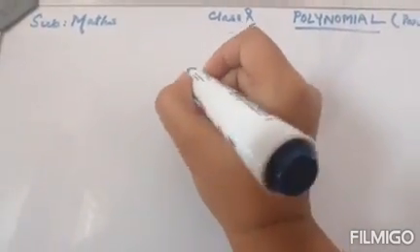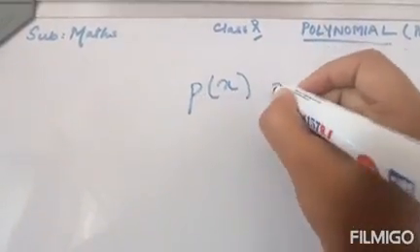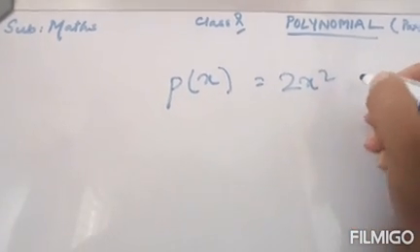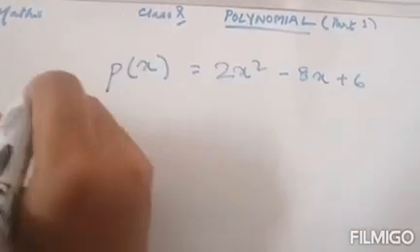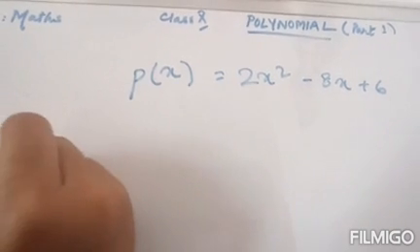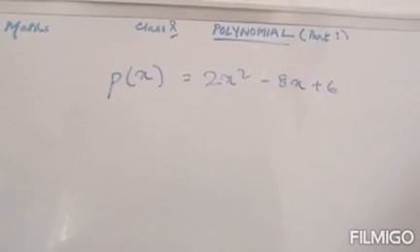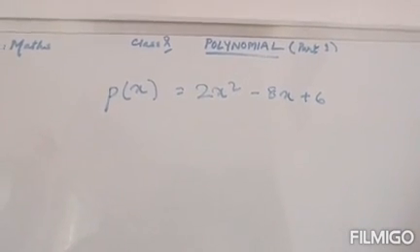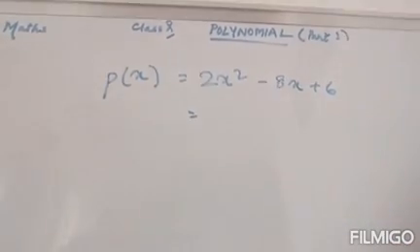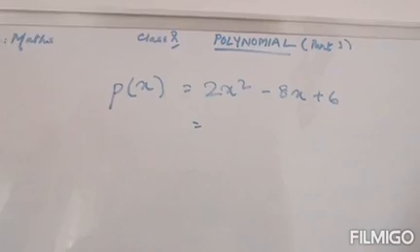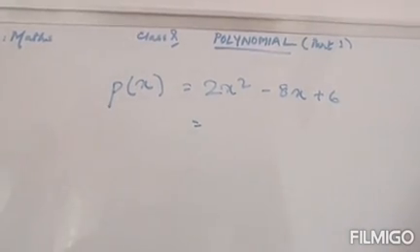Suppose I have one polynomial as 2x square minus 8x plus 6. To find the zeros of the polynomial, I need to factorize this, and I will equate it to 0.